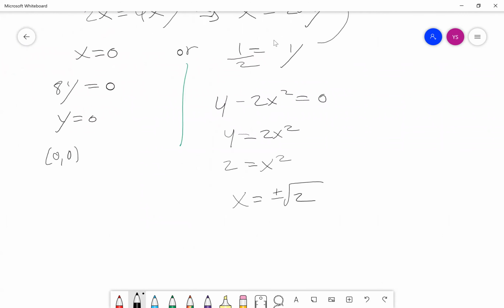So we now have the following critical points. We have the point (0, 0). We have the point (square root of 2, 1/2). We have another point, (negative square root of 2, 1/2).